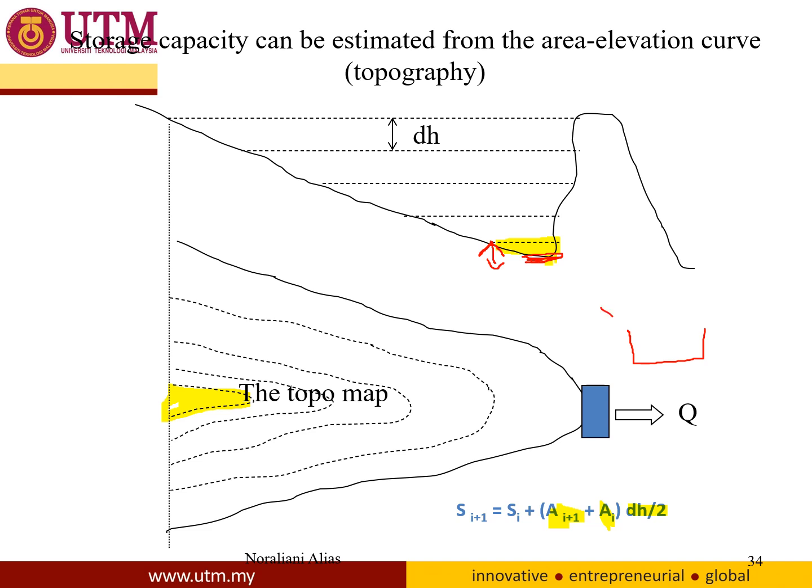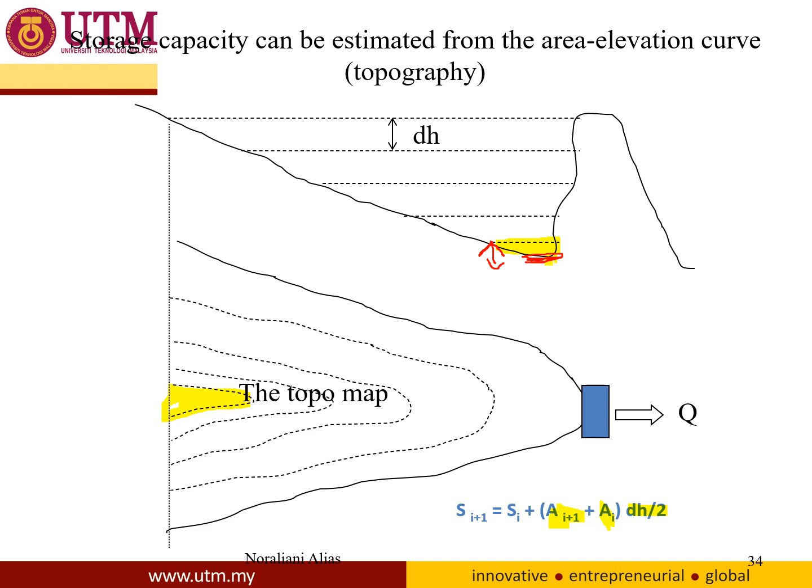It has a slope, so that's why they divide by 2. So you get the first volume here.